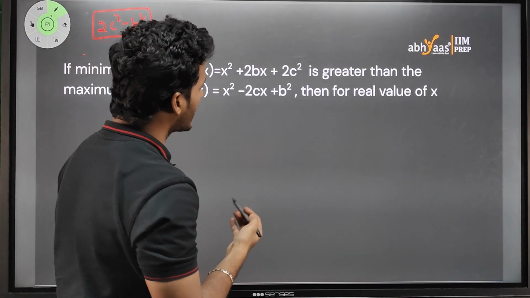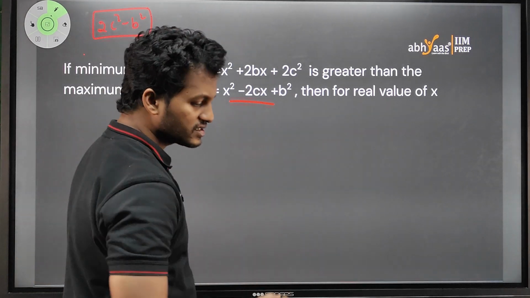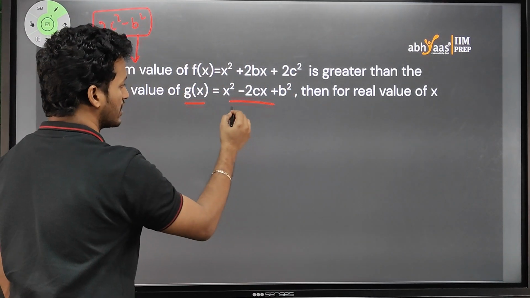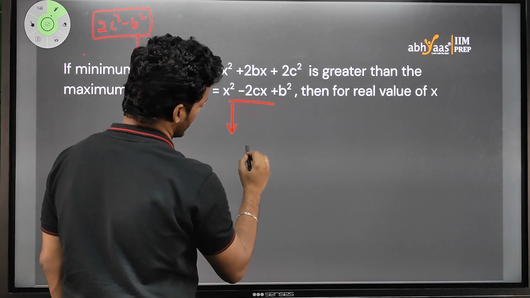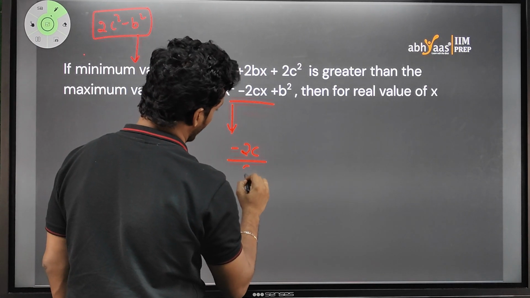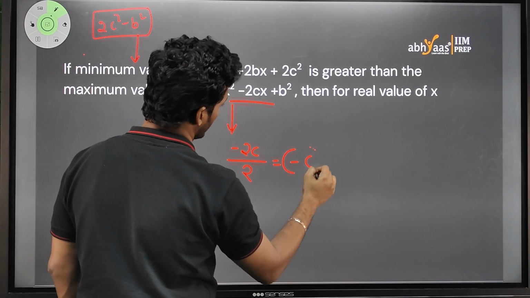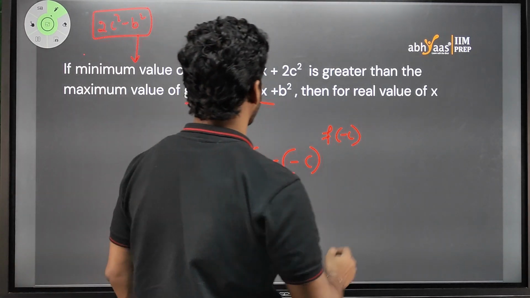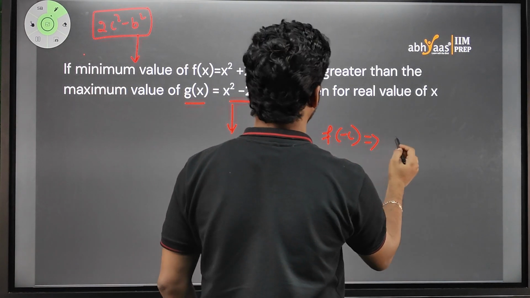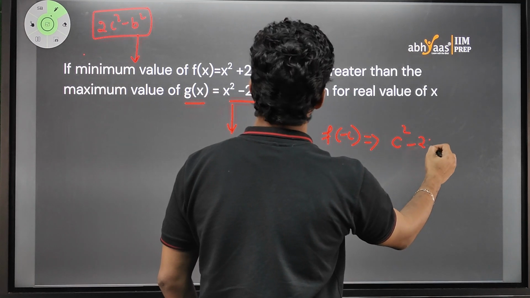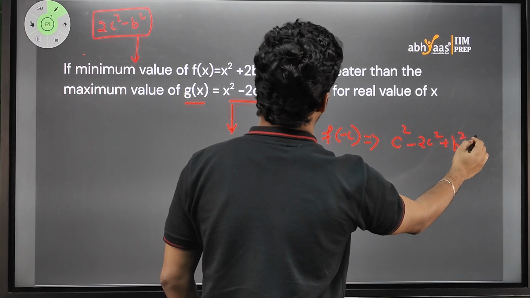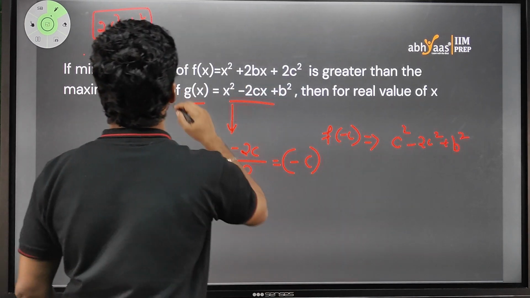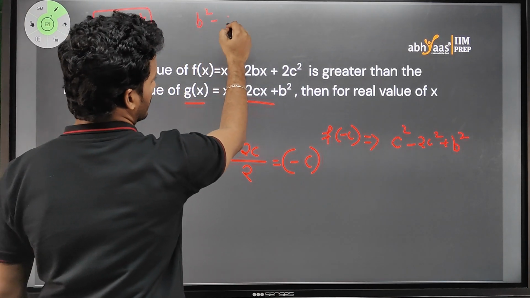For the other function, whether it is opening up or down, here also the vertex is at minus b by 2a, that is minus 2c by 2, that is minus c, and that means g of minus c will give me the maximum value here. So that gives me c square minus 2c square plus b square, so that gives me b square minus c square.